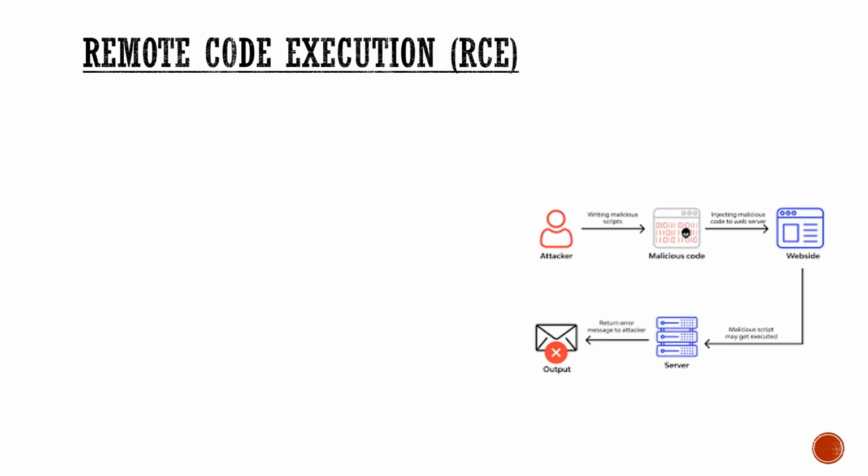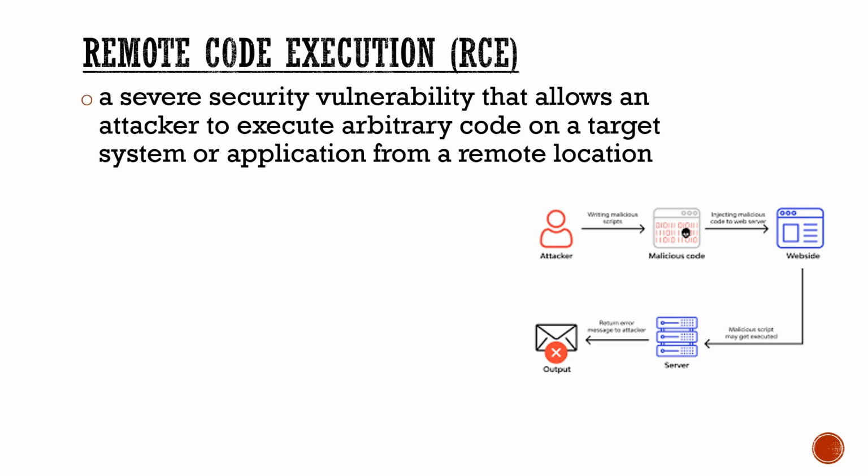Another kind of attack is the remote code execution or RCE. This one is a severe security vulnerability that allows an attacker to execute arbitrary code on a target system or application from a remote location. RCE occurs when a software application or system fails to properly validate or sanitize user input or external data, which allows attackers to inject malicious code that is then executed by the application or system with the same privileges as the affected process.